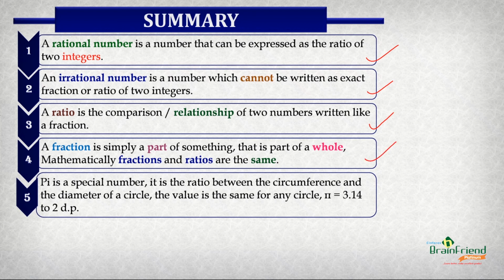We also learned that pi is a special number. It is the ratio between the circumference and the diameter of a circle. The value is the same for any circle. Pi is given as 3.14 to 2 decimal places.